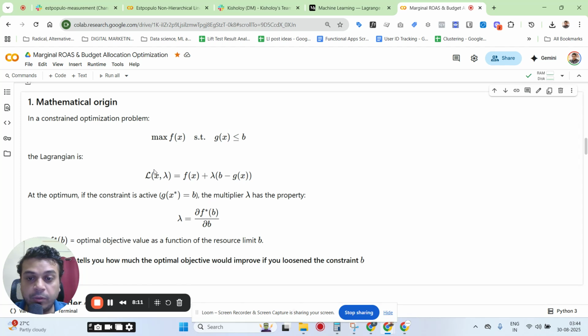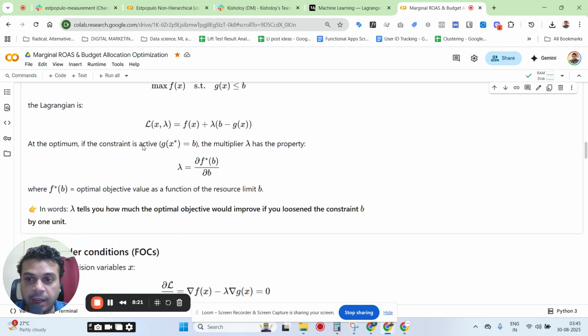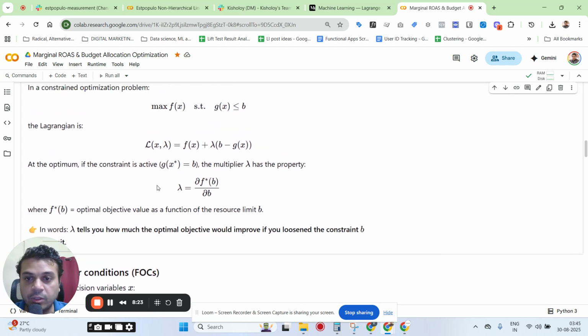The solution for the equation gives us the solution for this particular optimization problem. And lambda, on the other hand, applies if the constraint is active, which is g(x) being less than or equal to b.